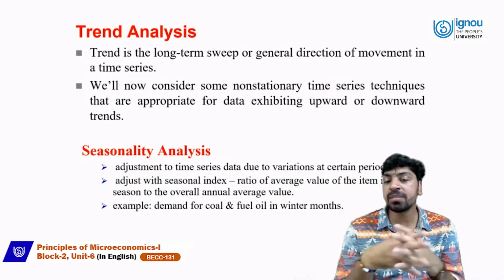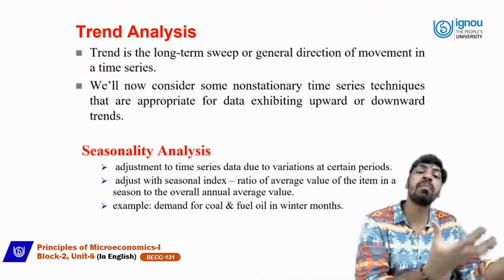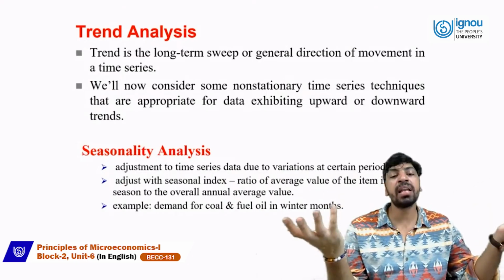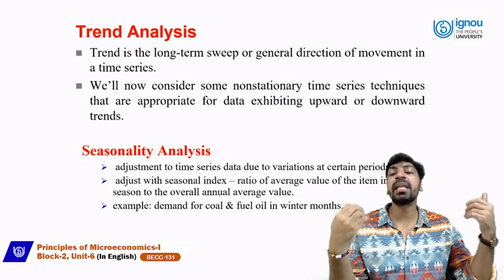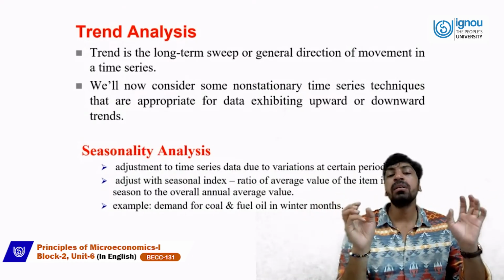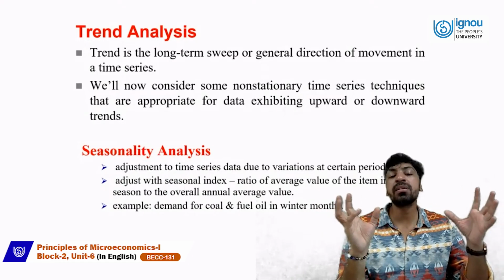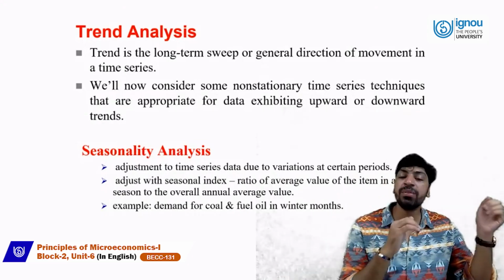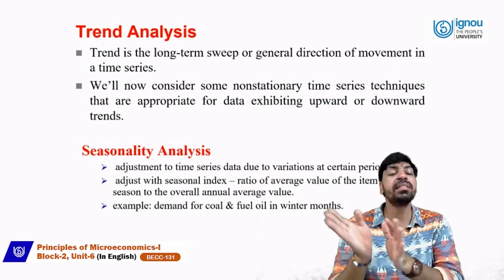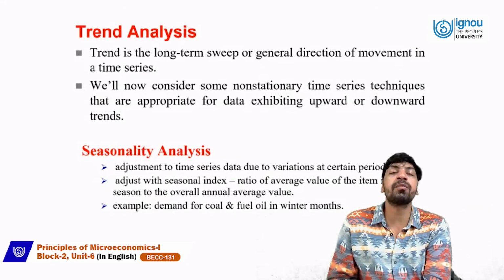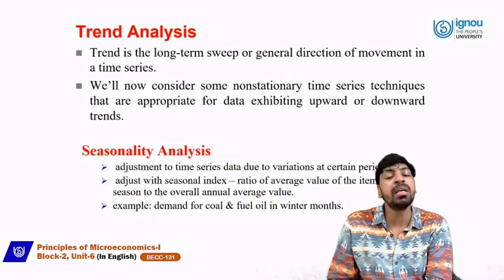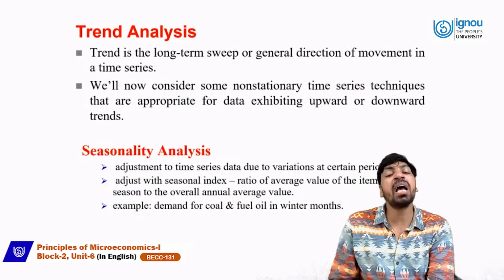So whatever the value has been given, for example, actual demand of a particular product, you just need to calculate the average value of all the items and the average value of one item. This is called the seasonal index, and seasonality analysis is really easy to adjust with the seasonal index. It could be on a monthly basis, days basis, weekly basis, yearly basis, or half-yearly basis.